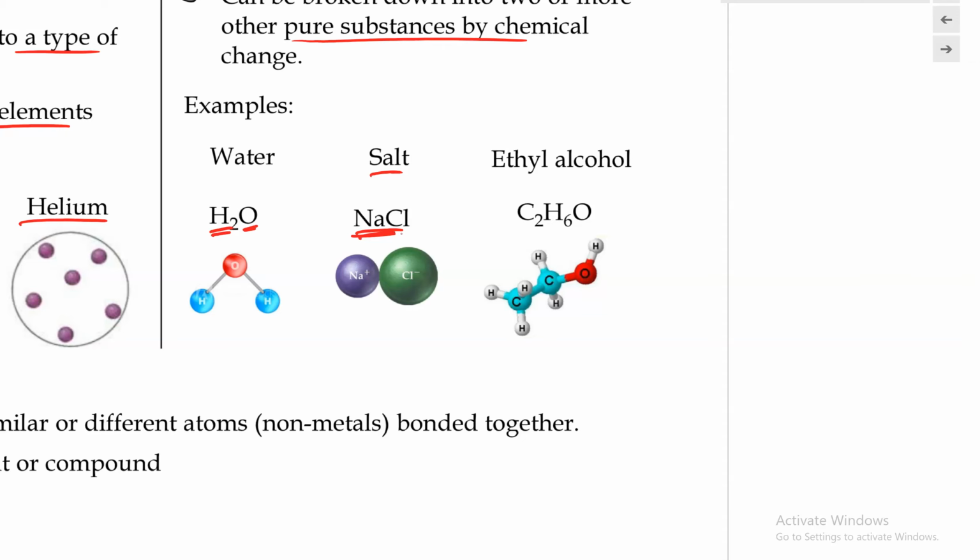And another example, ethyl alcohol, can also be classified as a compound because in the chemical formula, we can see carbon, hydrogen, and oxygen. These are three different types of element that make up the substance. So it can also be classified as a compound.